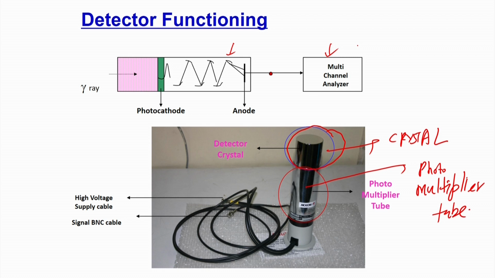So, each photon which is incident on the detector and absorbed by the detector, because only once the photon is absorbed, it will go to a higher energy state and then emit a photoelectron. So, for each gamma ray which has been absorbed by the detector, a current pulse is generated.